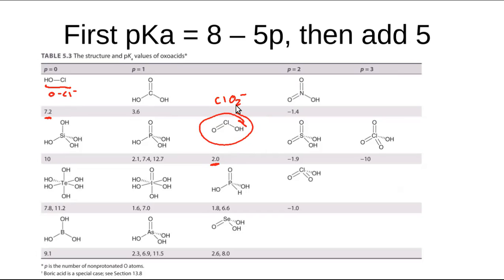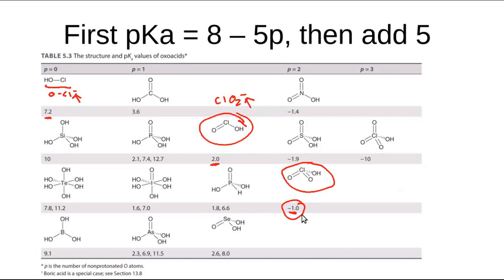And an easy way to explain that would be just size. This is a small molecule with a 1 minus. This is a bigger molecule with a 1 minus. And here we have the chlorate. The acid form is very acidic.